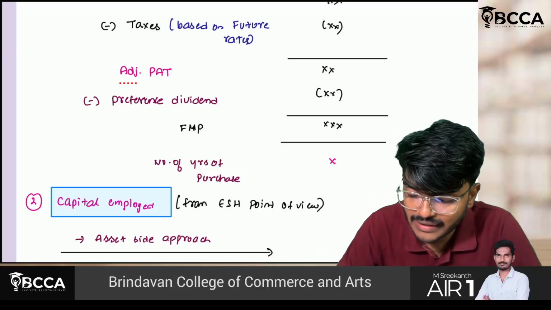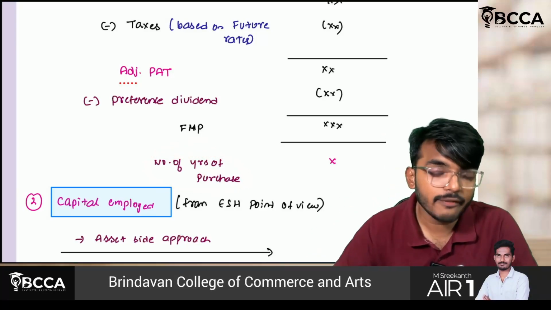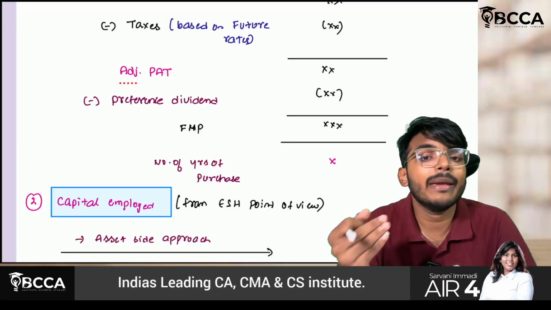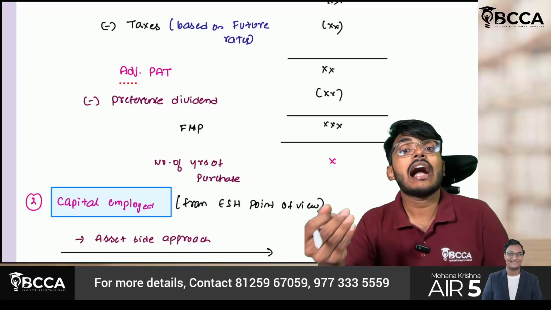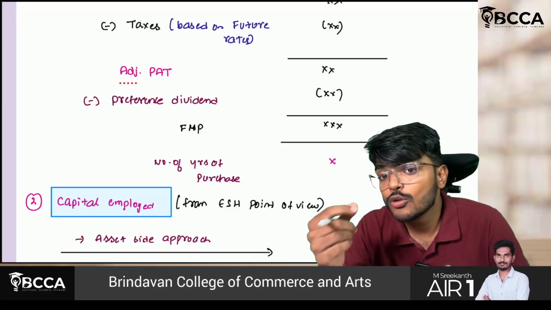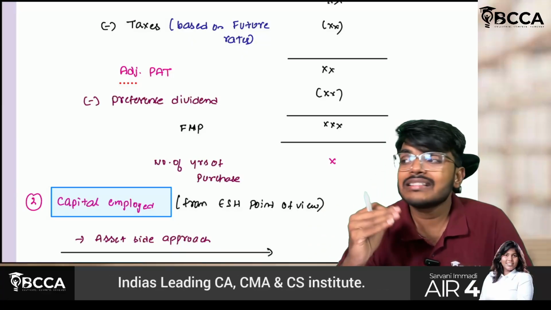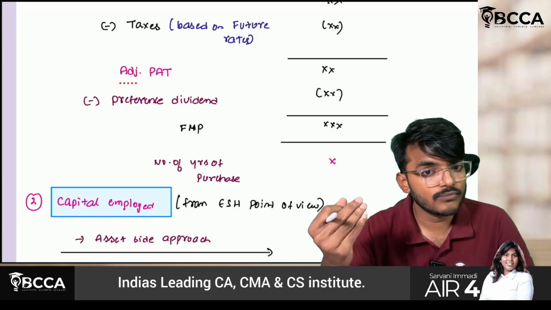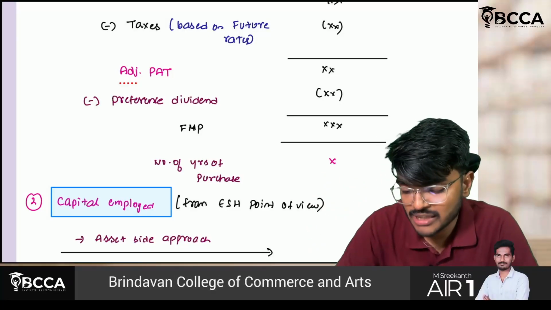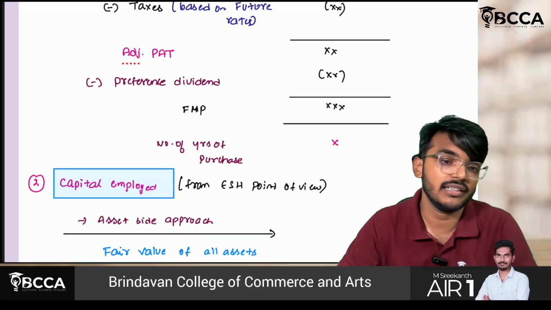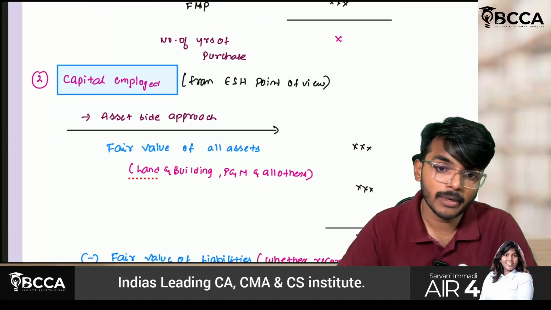This will be directly given in the question from the examination perspective, but practically speaking, you have to make assumptions. You have to understand for how many years I will be earning future cash flows only because of goodwill. That is a subjective matter, done based on different factors, but for examination purposes they will mention the years in the question.